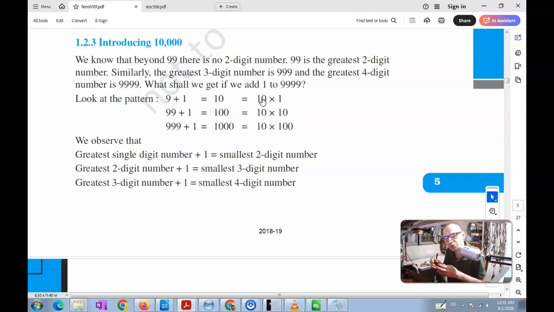You want to prove something, or you want to write something down in a different way, and these are always going to come in handy, meaning that 9 plus 1 is nothing but 10 times 1, and 99 plus 1 is nothing but 10 times 10, and 999 plus 1 is nothing but 10 times 100, and so on and so forth, right?